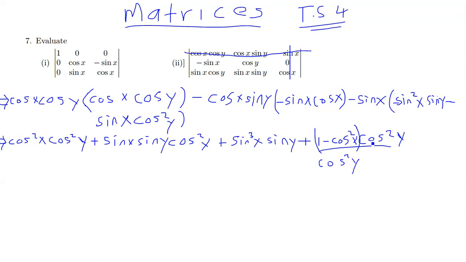Then when I multiply cos squared y and cos squared x, I'll get negative cos squared x cos squared y. So this is what I'm going to have.